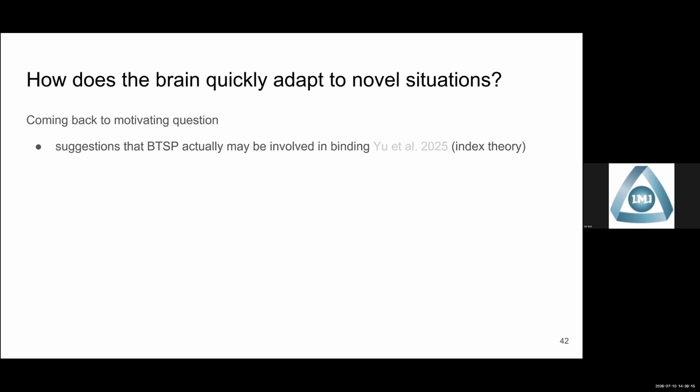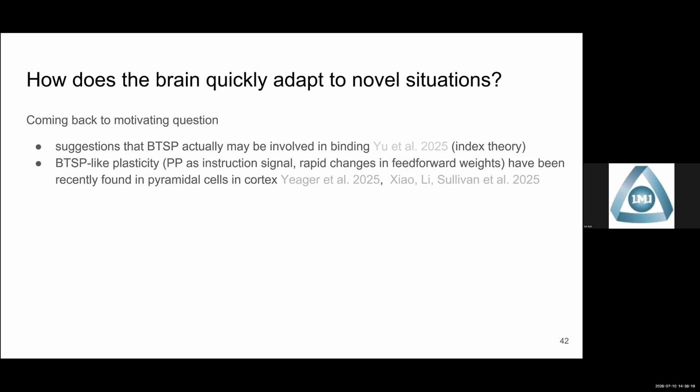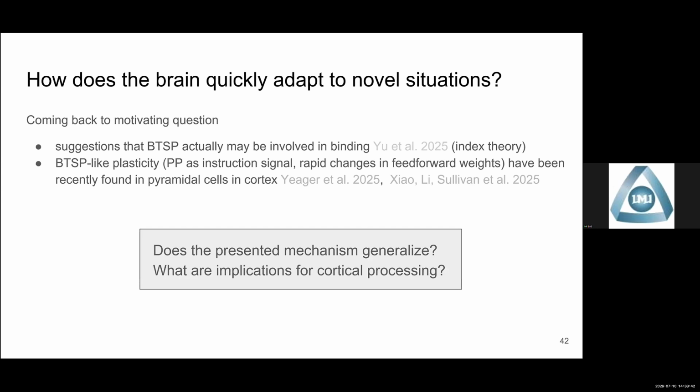And this is what I want to say. It may involve this binding or conjunction, but, and this is even more interesting for me now, BTSP-like plasticity, by which I mean a plateau potential as an instruction signal and rapid changes in feed-forward weights, has also been observed very recently in pyramidal cells in the cortex. So it doesn't seem to be only a mechanism in the hippocampus, but it might also be cortical. Where?